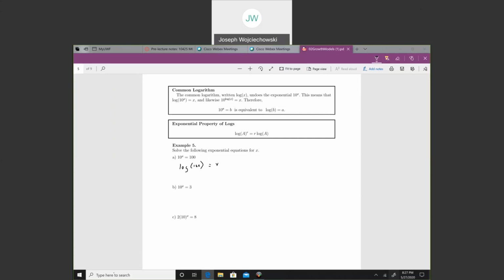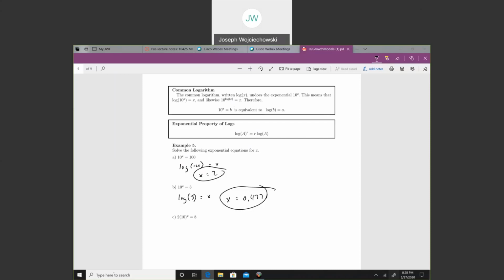Again, you should have a log button on your calculator, which makes x equal to 2. Next thing here, the log of 3 is equal to x. This gives me x is equal to 0.4771, and we'll stop there.